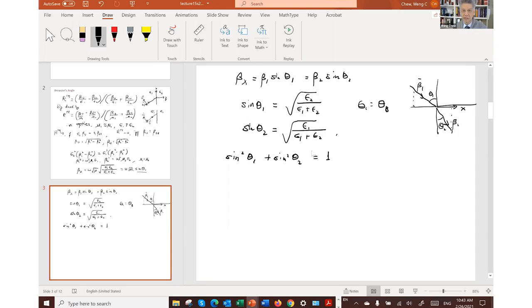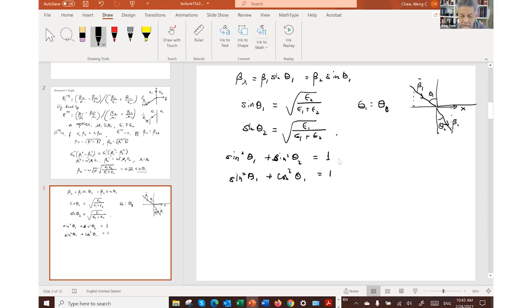Well, we also know another very interesting trigonometric identity that we learned in high school, that sine squared theta 1 plus cosine squared theta 1 also equals 1. Everybody knows that from high school algebra.